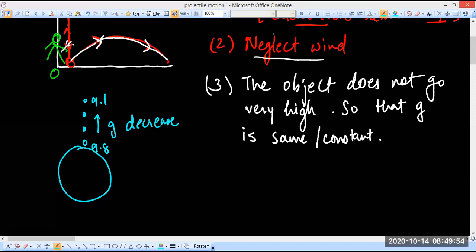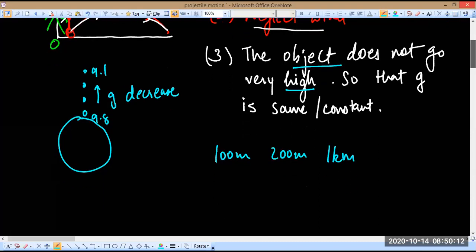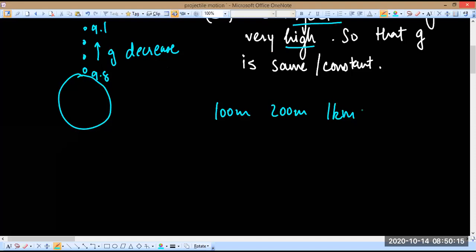Okay, so whatever object we are throwing does not go very high. How high can it go? 100 meter, no problem, 200 meter, no problem, 1 kilometer still not a problem. Not like launching a satellite, that goes very high.